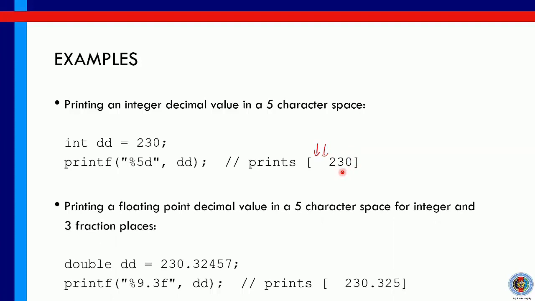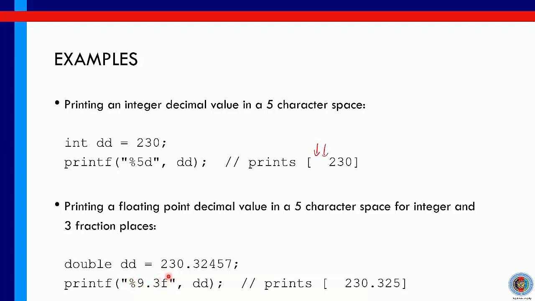Next example is about printing floating point. We have this number, for example, double dd. We want to print the value in 5 character space for integer and 3 spaces for the fraction part or the decimal part. So what we need to do is to put printf %9.3f.